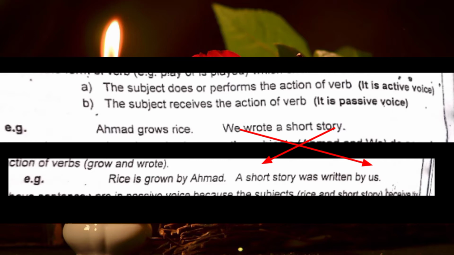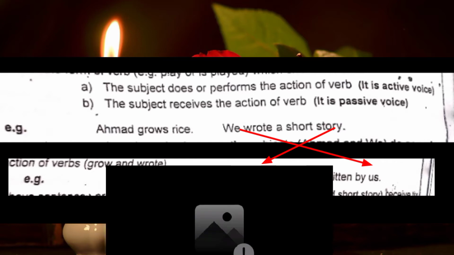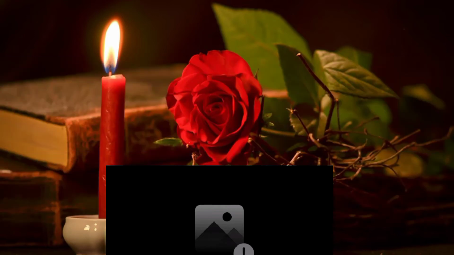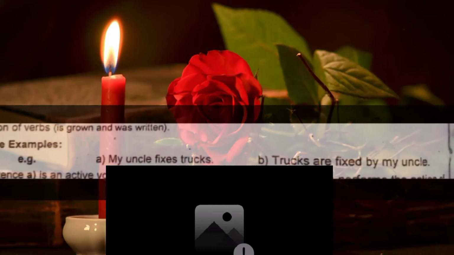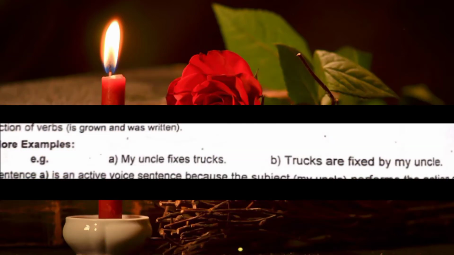These sentences are in passive voice because the subjects rice and short story receive the action of the verbs is grown and was written. Okay, more examples. My uncle fixes trucks. Trucks are fixed by my uncle.